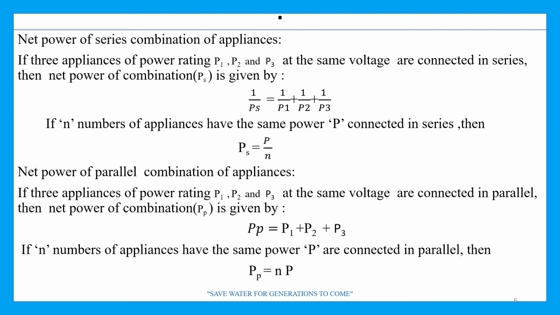Now, the net power of a series combination of appliances, this formula is repeated: 1 upon PS equals 1 upon P1 plus 1 upon P2 plus 1 upon P3. In a series combination we know that the equivalent resistance RS is R1 plus R2 plus R3.